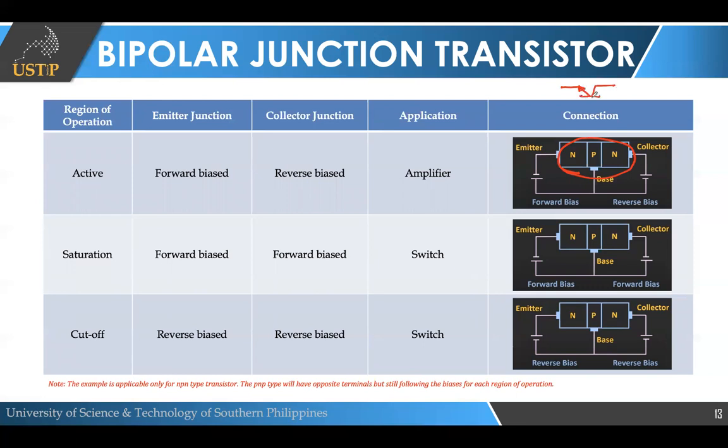Basta ibutang ninyo ang iyahang terminals. And then unsay connection nimo diri sa imong V bias. And then of course you have to name the V bias. Wala lang ni siya name, but this is your VEE. Basta sa emitter nga bias VEE, sa collector nga bias VCC.